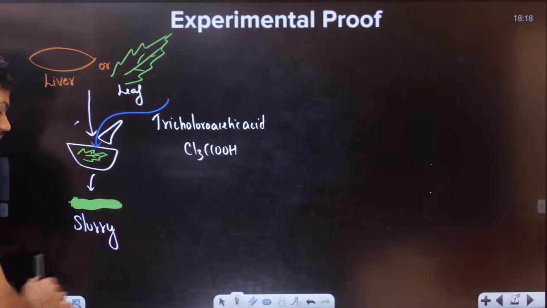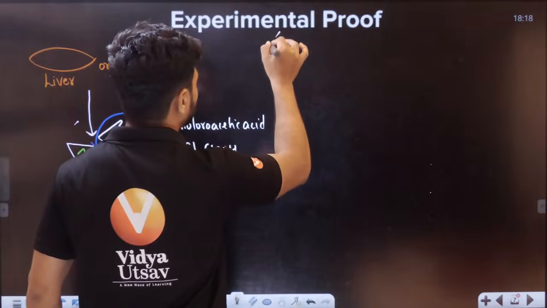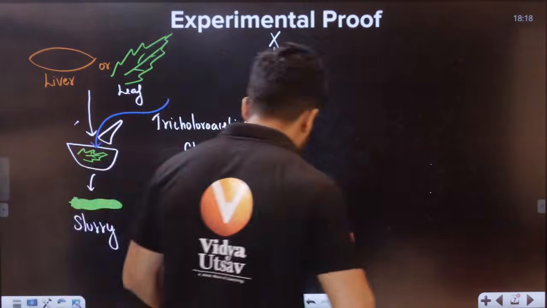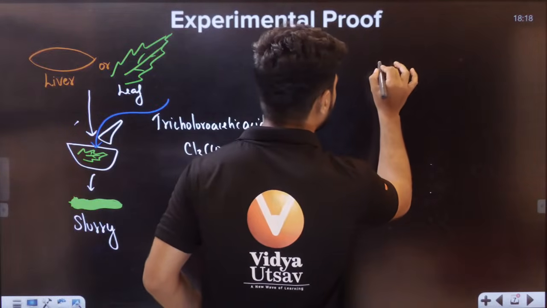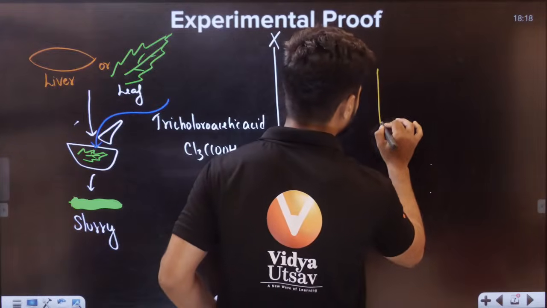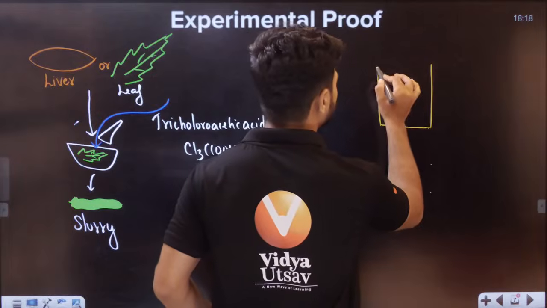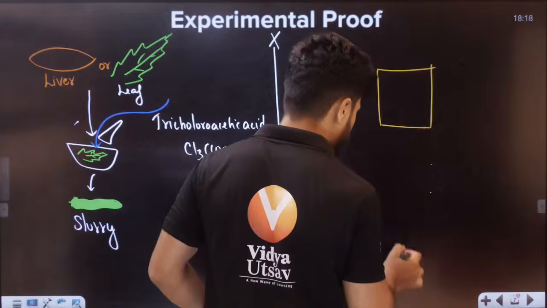Slurry is okay, students. Now you need to take this slurry. Now we have to do one more process, students. Now we will do one simple process right now. Let's take one container here. Here you have a container, students. Let's say a beaker.